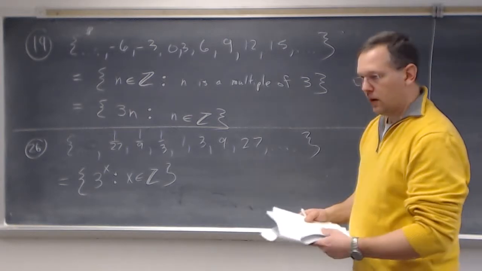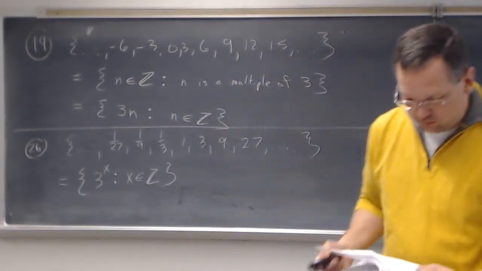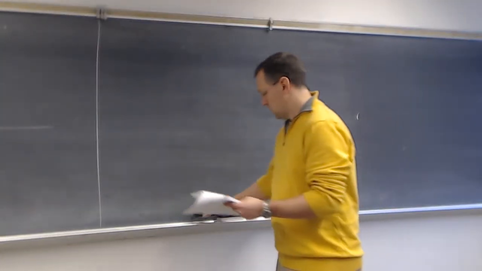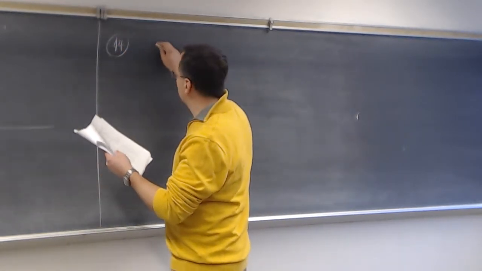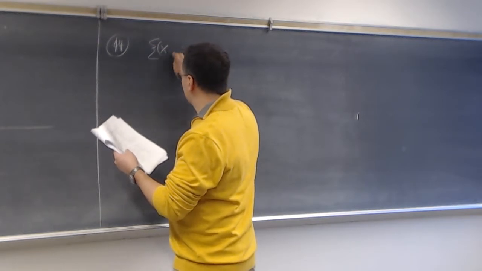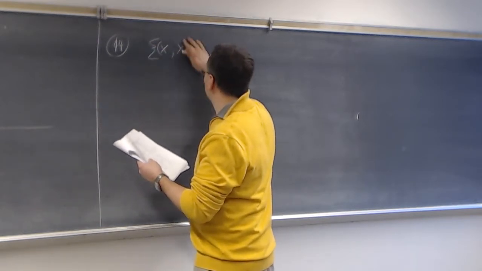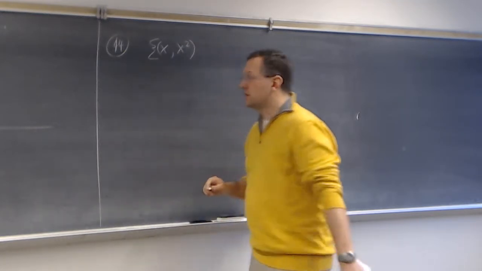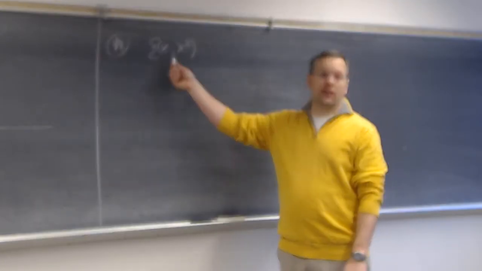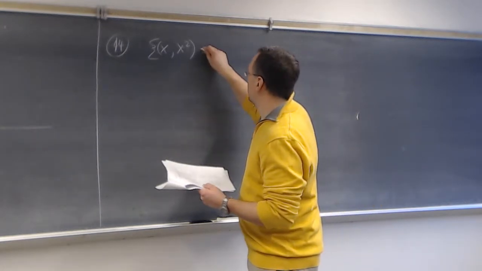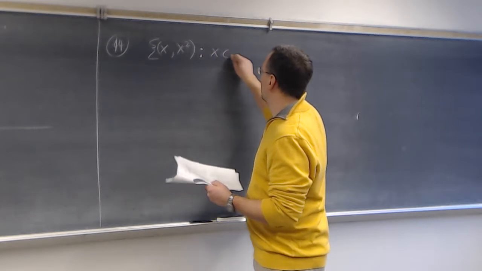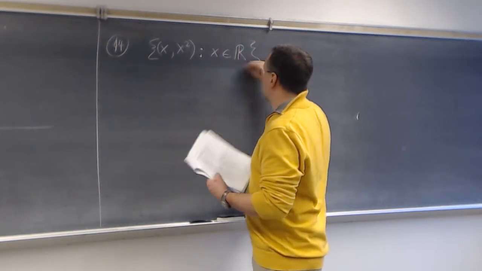How about problem number 44 in 1.1. The set has elements that look like this: (x, x squared), such that x is a real number.